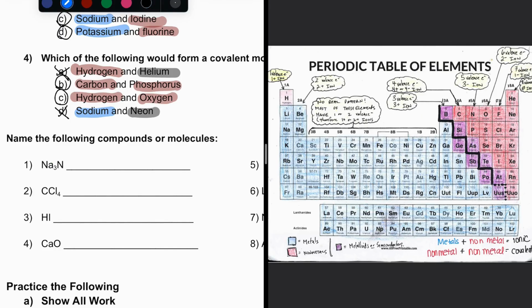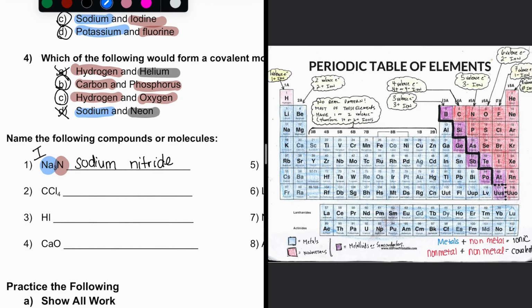There we go. Sodium is a metal. Nitrogen is a nonmetal. And metal and nonmetal tells me that I'm going to do an ionic bond. And for ionic bonds, I just name my elements and change the second word to end in "ide." So Na is sodium. N is nitrogen, so that's going to be nitride.